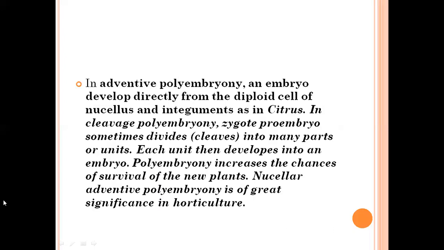In adventive polyembryony, an embryo develops directly from a diploid cell of the nucellus and integuments, as in citrus. But in cleavage polyembryony, the zygote proembryo sometimes divides into many parts or units.